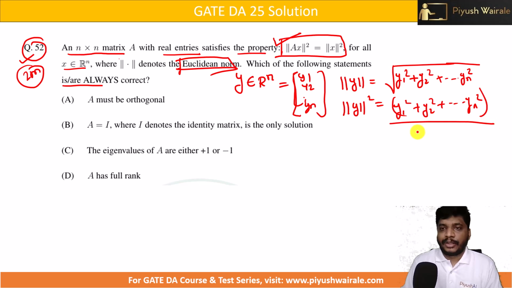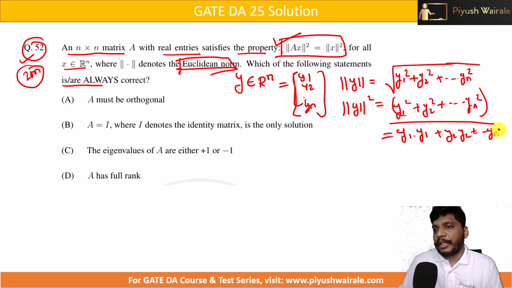Now we can write this as y1 into y1 plus y2 into y2 plus so on yn into yn. Yes, obviously. Since y is a column vector of n dimension, y1, y2 till yn, can we write this expression as y transpose into y?